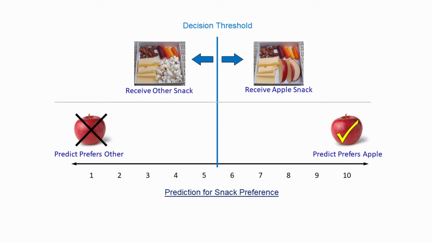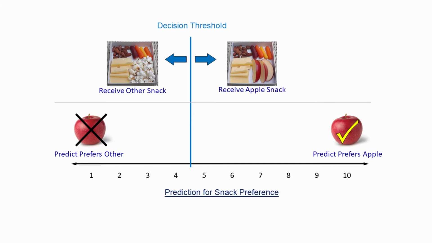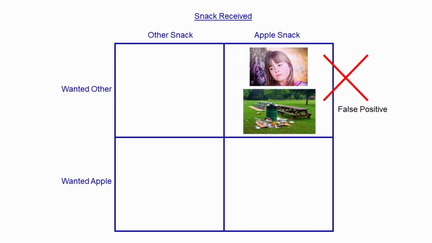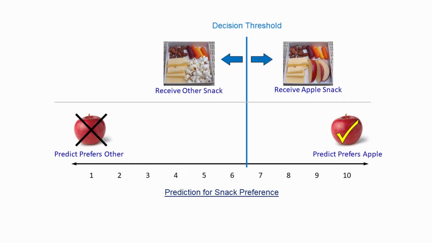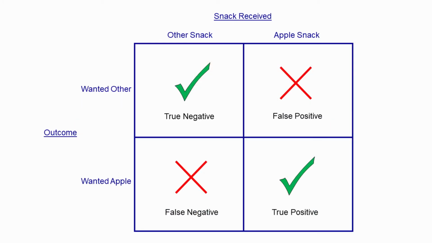You might set the decision at the midpoint score of 5, or you might set the apple snack threshold higher or lower. For example, if it's important that the kids eat fruit, you'll set the threshold lower so that you'll catch more kids who prefer apples. Or if you want to err on the side of having fewer apple slices discarded in the trash, then you'll set the threshold higher, so fewer apple snacks are handed out. In other words, your decision depends on the trade-offs for different kinds of errors.